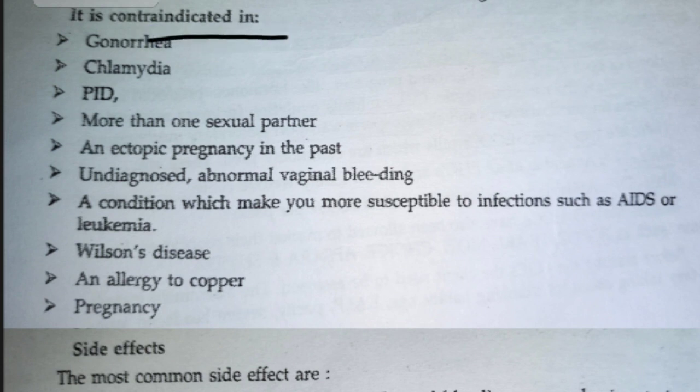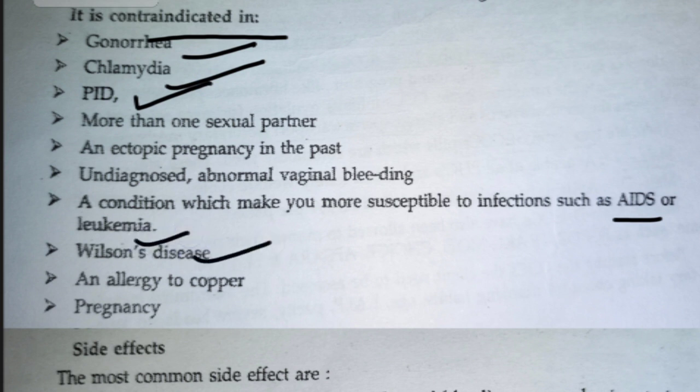Contraindications of IUDs: if they have any kind of sexually transmitted diseases or infections like AIDS, gonorrhea, chlamydia and PID, and any kind of infections or diseases like Wilson disease and leukemia, then they are not advised to use it. If the woman is allergic to copper or she is pregnant, she is not allowed to use it.